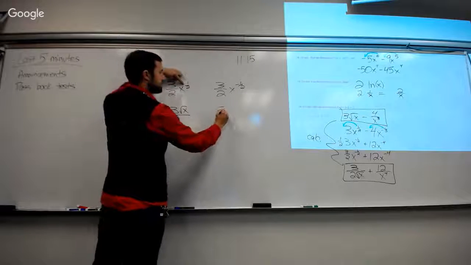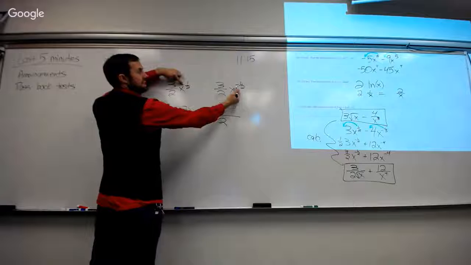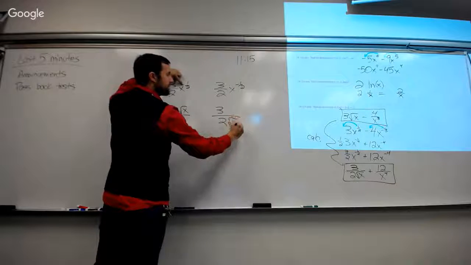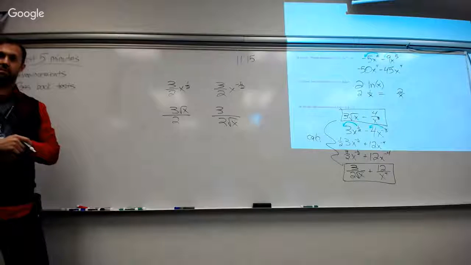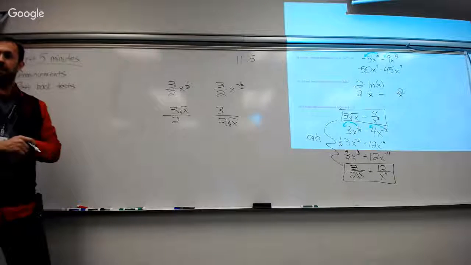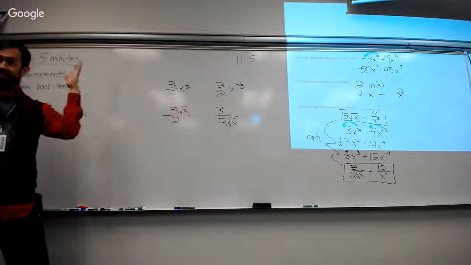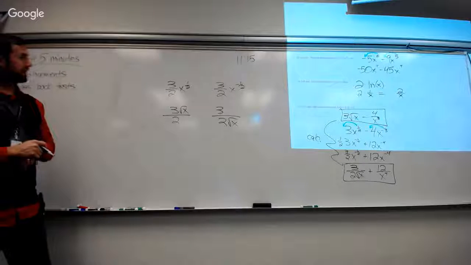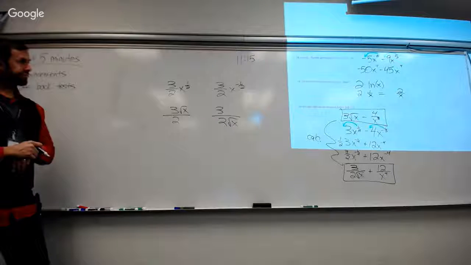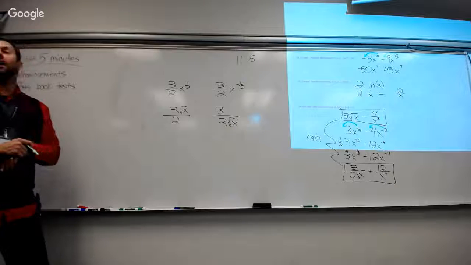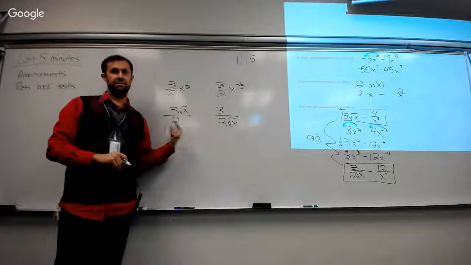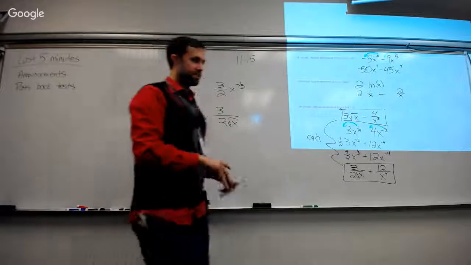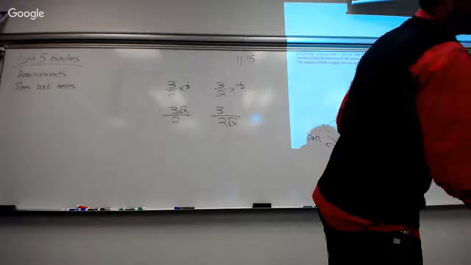Whereas over here, you've got 3 over 2, and this x to the 1/2 is negative, so that square root goes in the denominator. Is that helpful to see both of them? Yeah, that's the difference between them. Every time I brought the 3 over 2 over, I would just put x instead of bringing it in. Okay, does that answer your question about where the square root of x goes? Yeah. Okay, let's keep going.